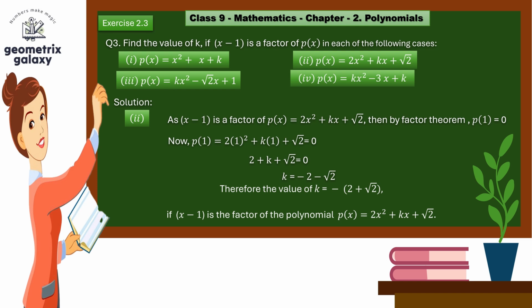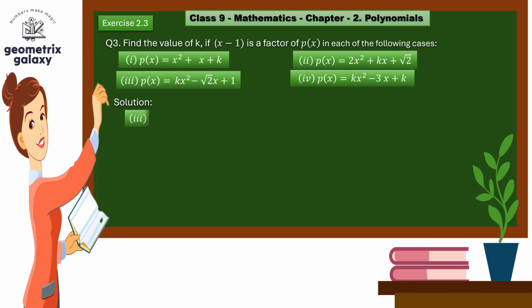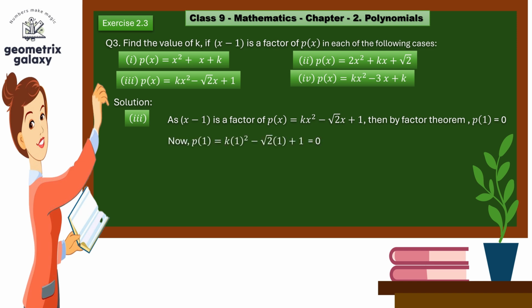Third subdivision. Here also x minus 1 is a confirmed factor of p of x is equal to kx square minus root 2x plus 1. So then by factor theorem, p of 1 is equal to 0. Now we will find the p of 1 value and equate it to 0. So p of 1 is equal to k into 1 square minus root 2 into 1 plus 1 is equal to 0.